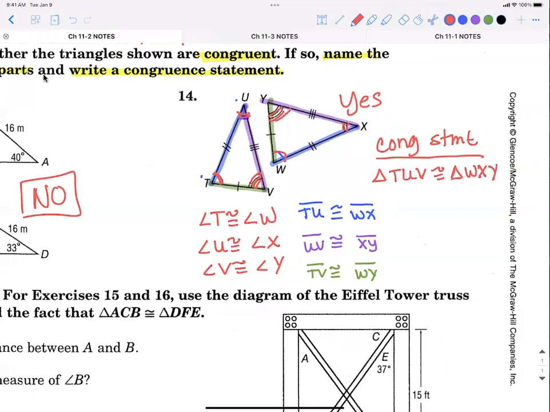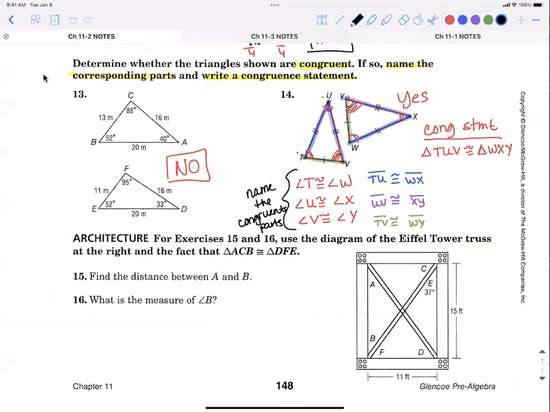So this part right here is me naming the congruent parts. And then this part here is writing the congruent statement. Okay, sound good? Easy enough? All right, that's all on that side. We're not doing that bottom part.